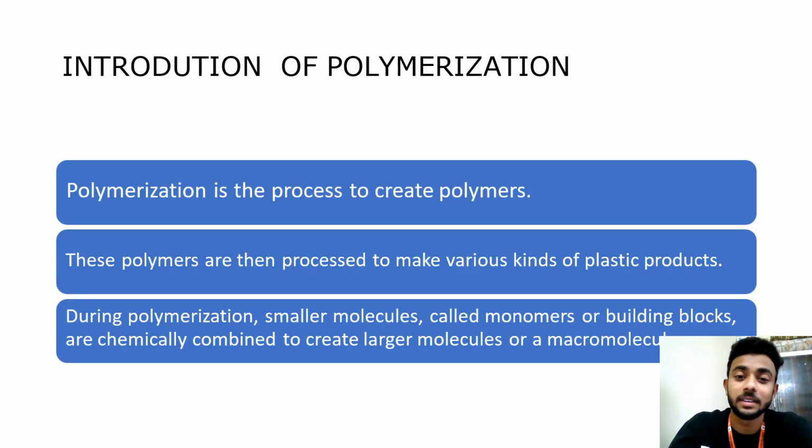Introduction of polymerization. Polymerization is the process to create polymers. These polymers are used to make various kinds of plastic products. During polymerization, smaller molecules called monomers, or building blocks, are chemically combined to create larger molecules or macromolecules.